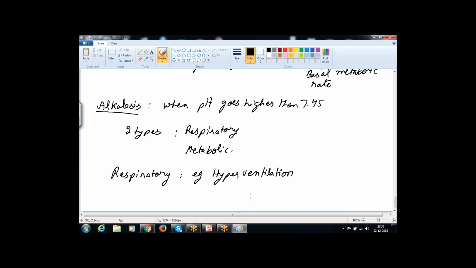And less acid means less acidosis or more alkalosis. Hyperventilation simply means more oxygen, less carbon dioxide, which will result in less carbonic acid. Less acid means alkaline pH.